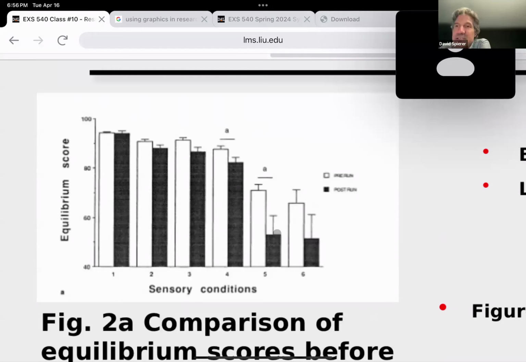In this case, I wouldn't necessarily trust conditions 5 and 6. That's a limitation of the study. I assume they mentioned in their limitations a small sample size and a lot of variation in sensory conditions 5 and 6. So, all right, moving on.